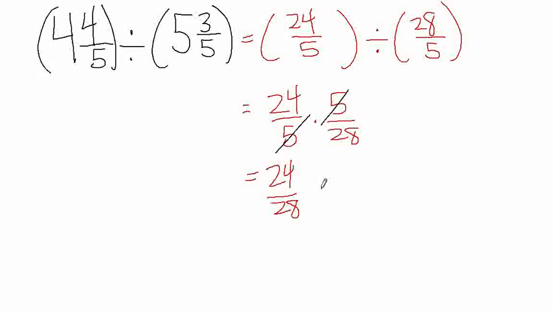I can divide the top and bottom by 2 and get 12/14. Actually, even better, let's divide the top and bottom by 4, and I will get 6/7. And there is no mixed fraction that I can convert that to, so the only answer is 6/7.